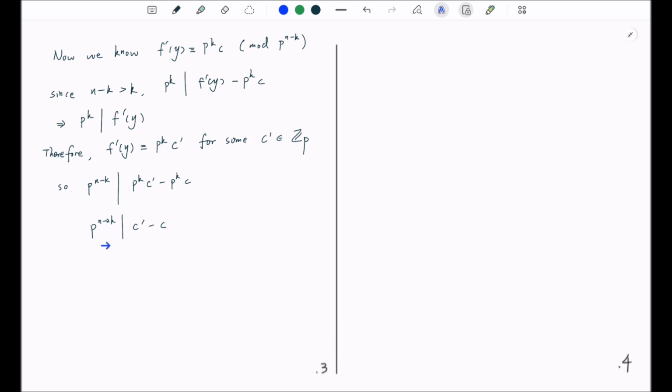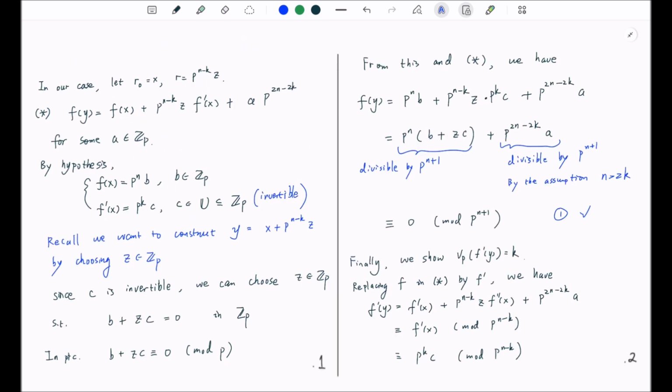Again, we have here implicitly used the fact that n is strictly bigger than 2k. And this implies, because n is strictly bigger than 2k, p divides c prime minus c. But we already know that this c in our construction is in U, meaning it is invertible. And it is invertible if and only if it is not divisible by p.